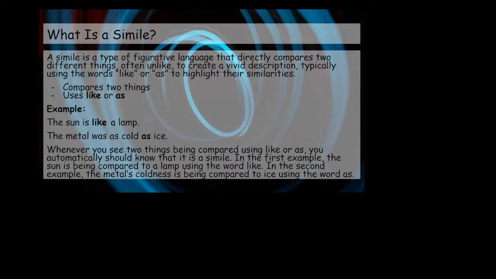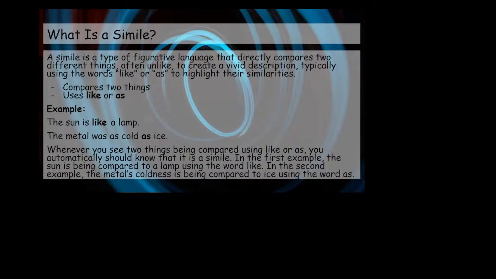Similes compare two things using like or as. For example, if I say the sun is like a lamp, that is a simile, because the sun is being compared to the lamp using the word like. The metal was as cold as ice is another example. The coldness of the metal is being compared to ice.